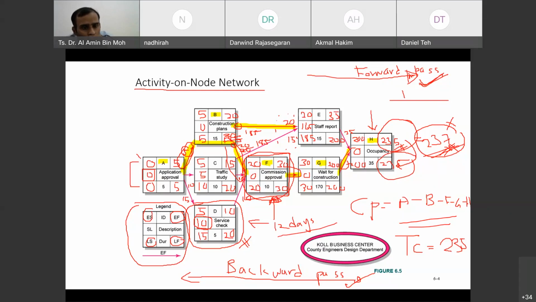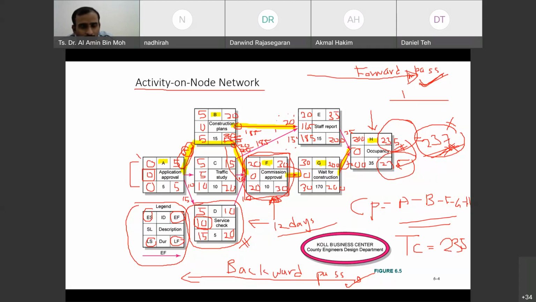Total time will be 237. Okay. Although it's not a critical activity, its delay is longer than recommended, so the total activity will be delayed if the delay time of activity D is 12 days.